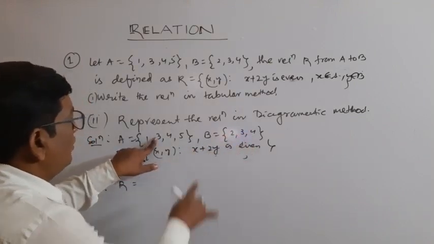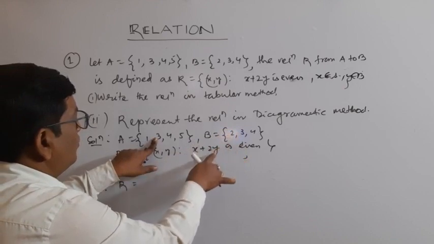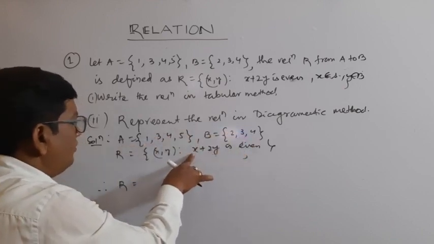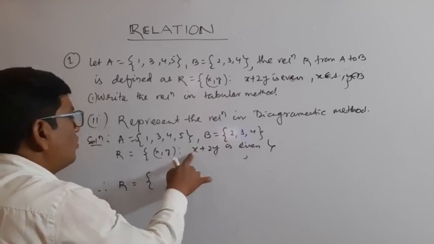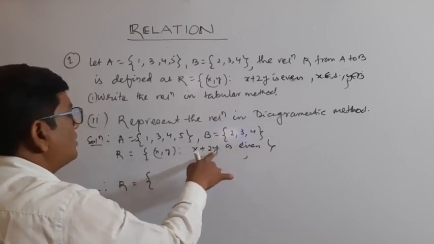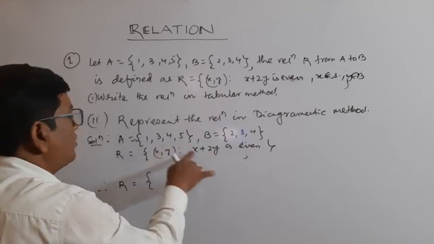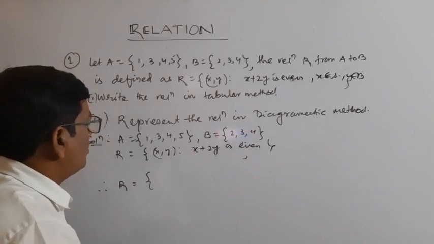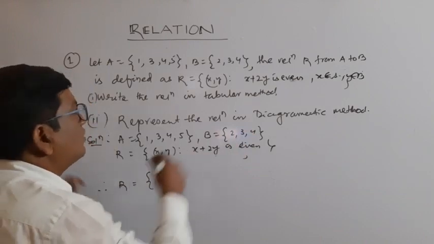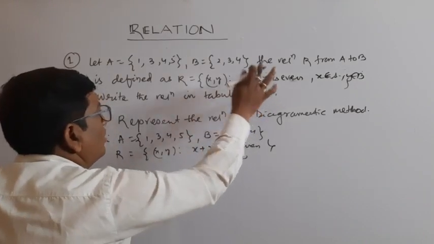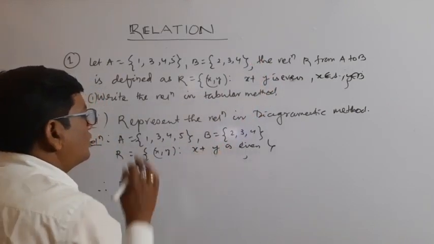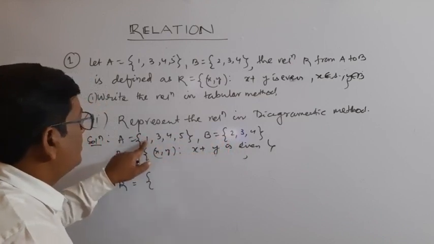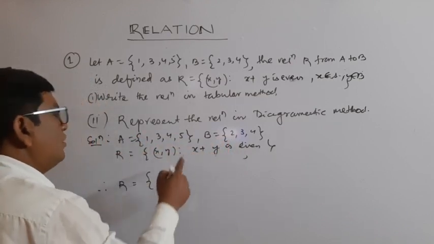Now x is equal to 3: if y equal to 2, that is 6 plus 3, not; y equal to 4 not. Now x plus y is even. Not x plus 2y, x plus y is even. x is equal to 1, y equal to 2 not even; x is equal to 1, y equal to 3, 1 plus 3 is 4, even.